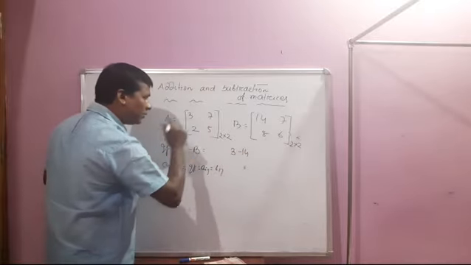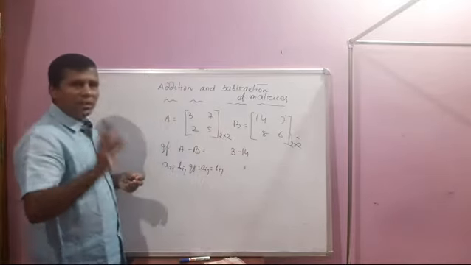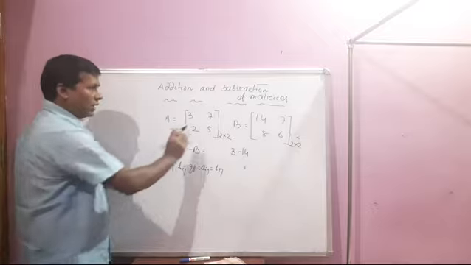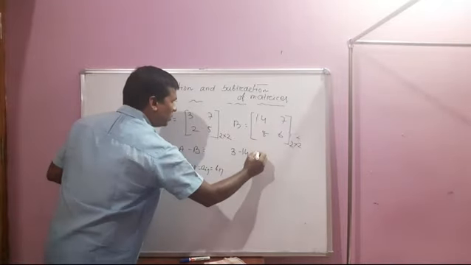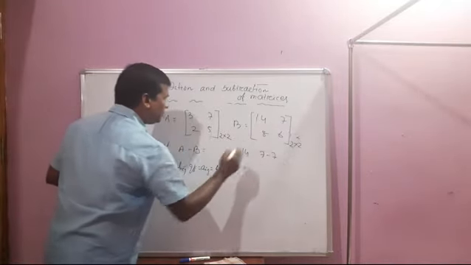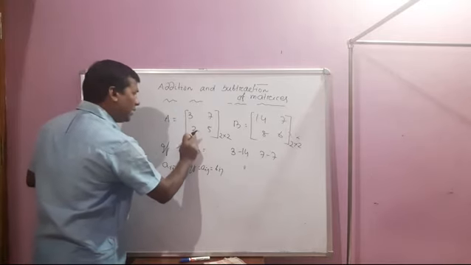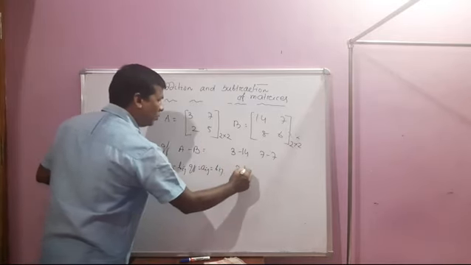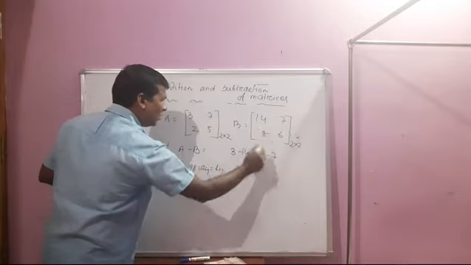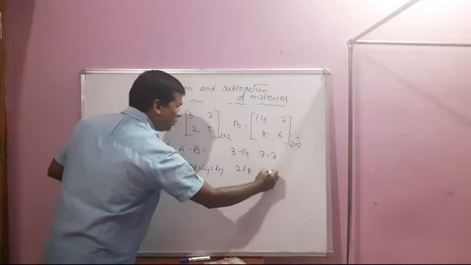This is the first entry position. Then the second, A12 minus B12, so 7 minus 7. Then A21 minus B21, that is 2 minus 8. Then A22 minus B22, 5 minus 6.